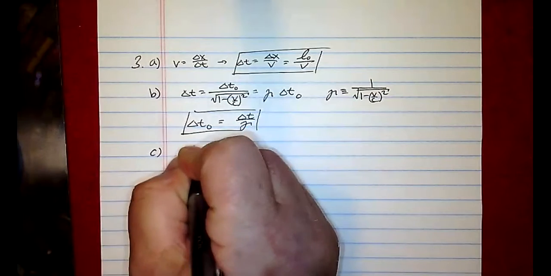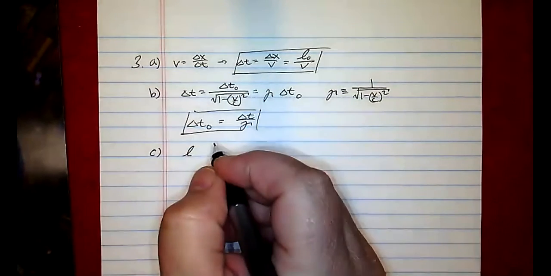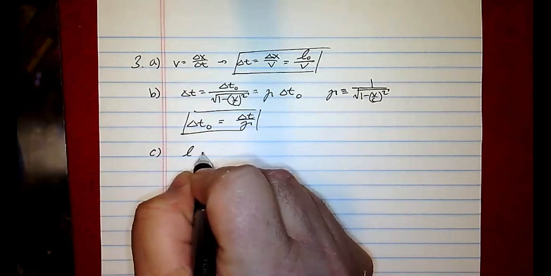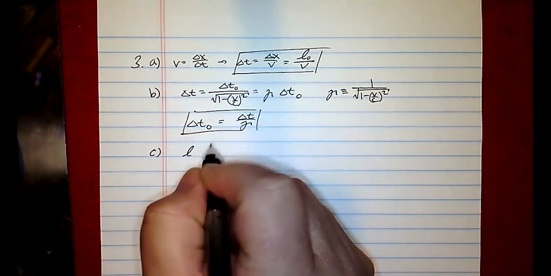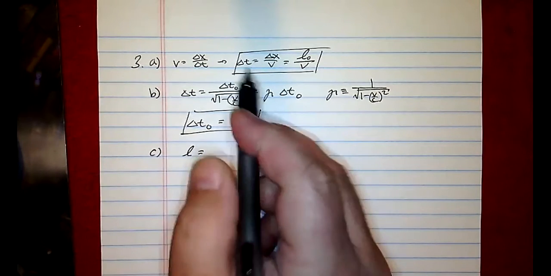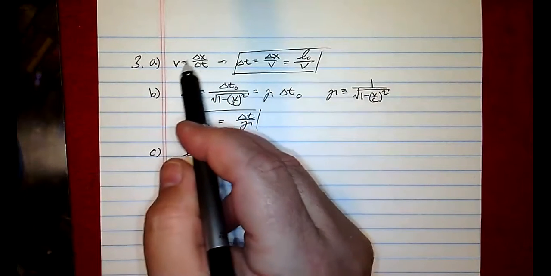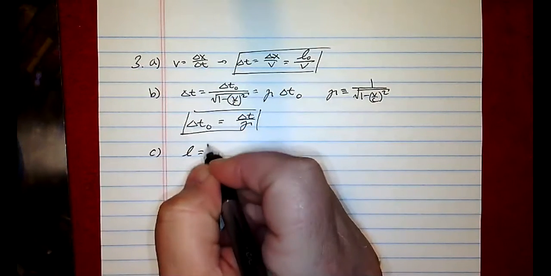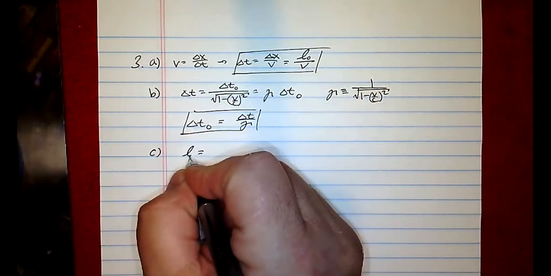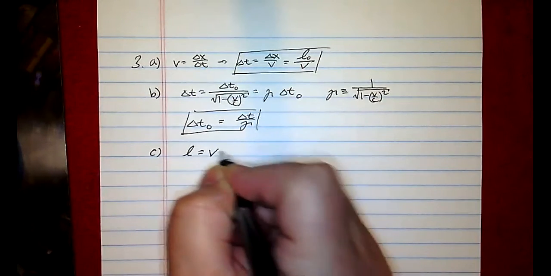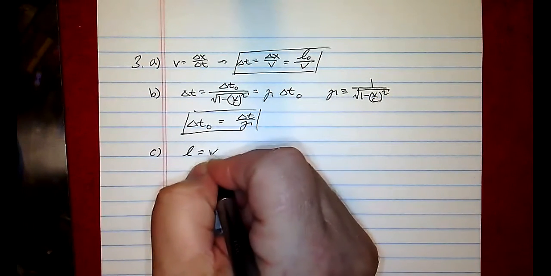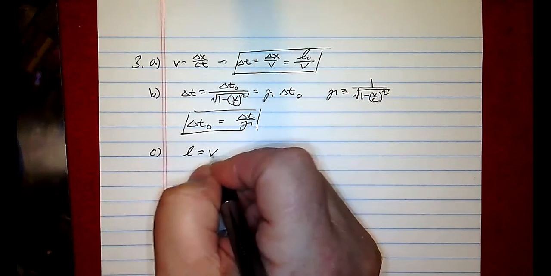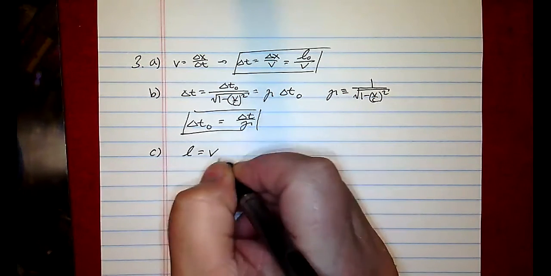We're going to say L, which is not the proper length, because as you can tell, that distance is actually moving with respect to the Bajoran ship. And just like velocity equals distance divided by time, distance is equal to velocity times time. So in this case, I want to take the distance L and say that's equal to the velocity of what the Bajoran ship sees, basically Cardassia and Deep Space Nine moving at it with.